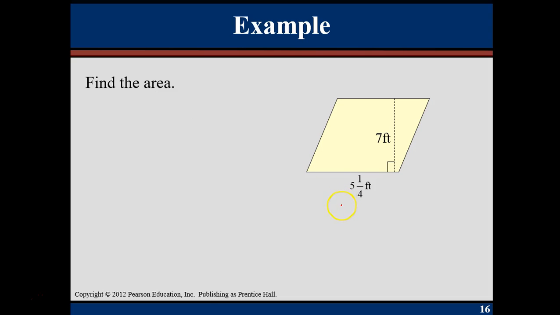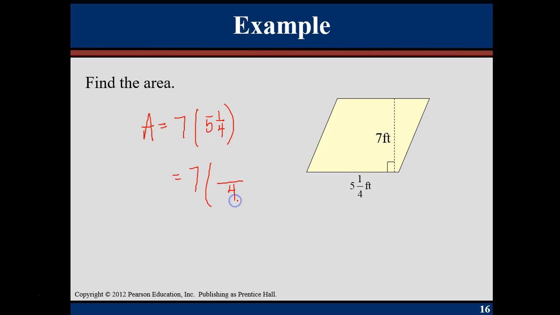If I want to find the area for a parallelogram, it's again base times height. Base times height is just multiplication. And so once again, it doesn't really matter who's the base and who's the height, because multiplication can be done in any order. We do have a mixed number here that I'm not going to be able to work with, so I'm going to have to change that to an improper fraction.